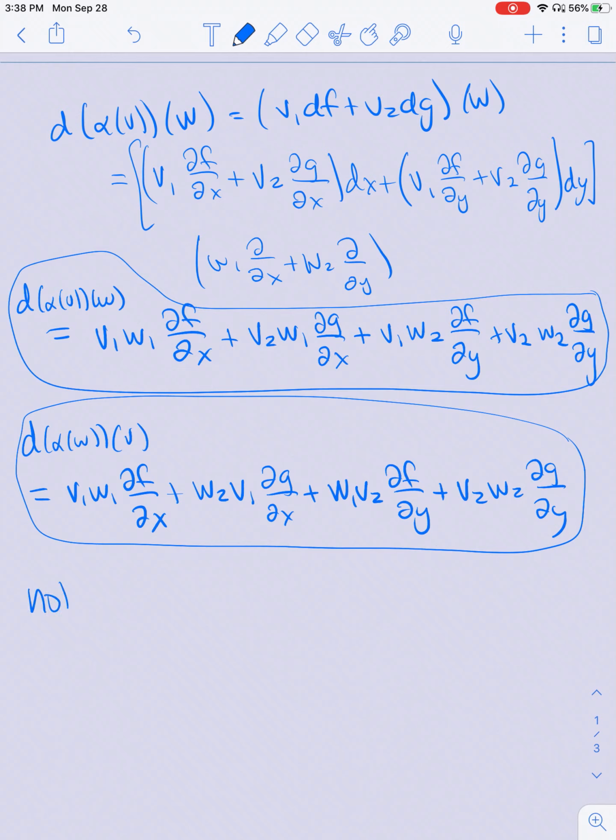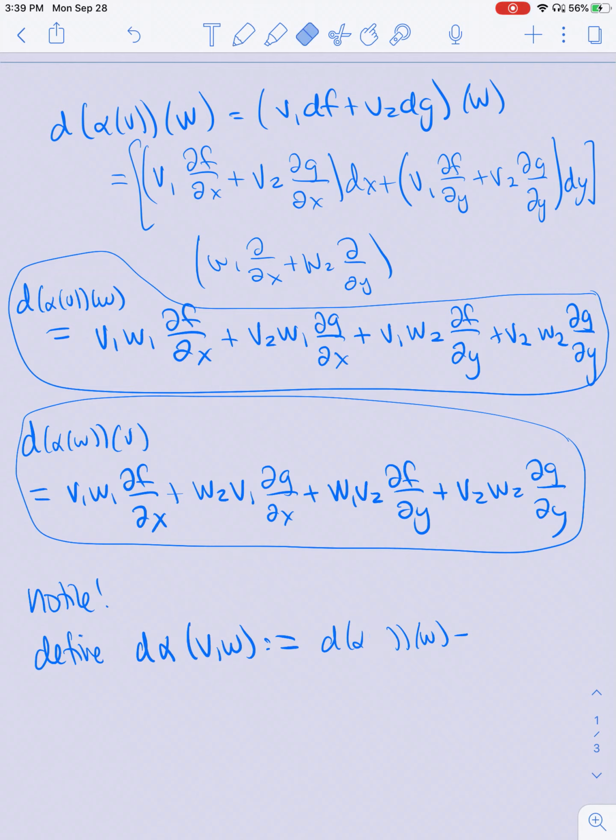But if I define d alpha at vw to be d alpha at v at w minus, I guess actually I should be doing this in the opposite order.